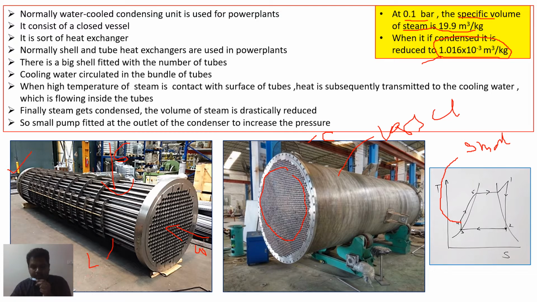But here, since we are using the condenser, it is reducing the specific volume. So in the Rankine cycle, in process 3 to 4, we can use small size pumps only. That is the advantage of the condenser.